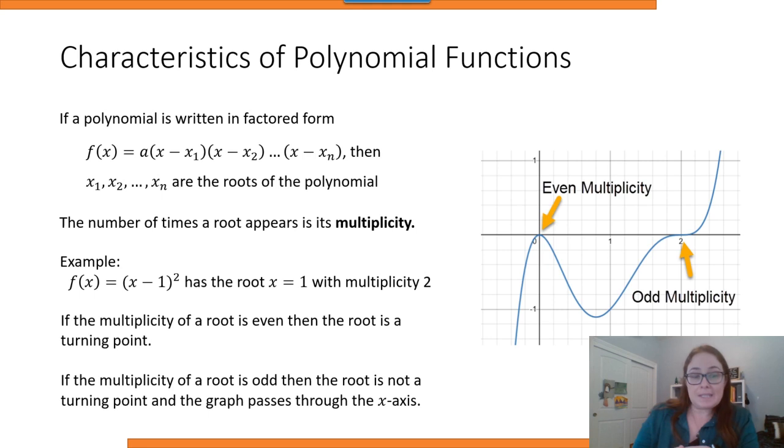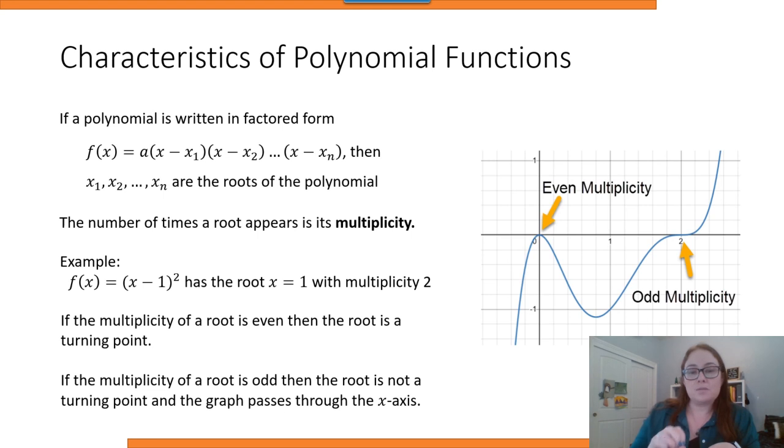And what the multiplicity tells me about the graph is what the behavior is at that x-intercept. So if the multiplicity of a root is even, like this example here, then that means that the curve is going to approach the x-axis, hit it at the root, and then go back in the other direction. It's a turning point at that spot.